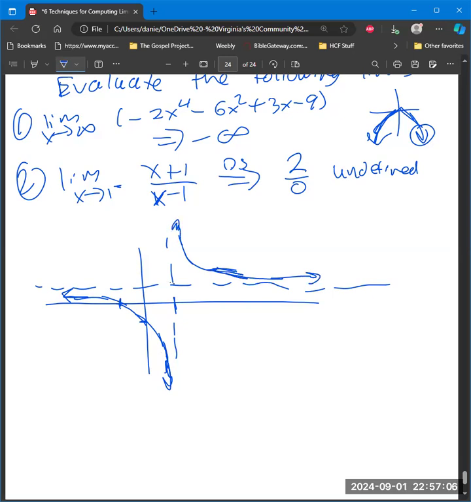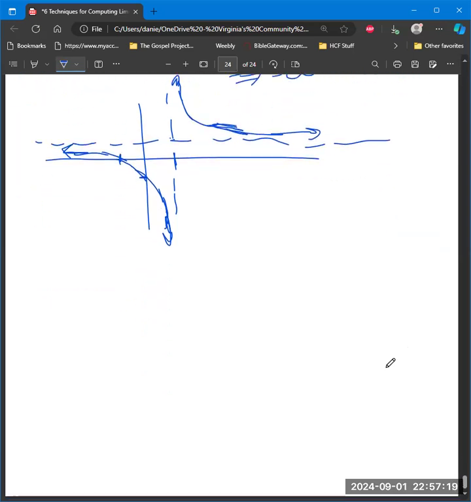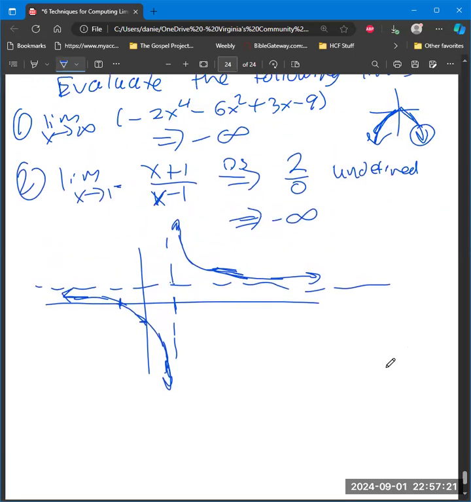And as I come from the left, I'm going to -infinity is what's happening. What about if we would take the limit as x approaches 1 from the right of that same graph? That's going to go to positive infinity, right?